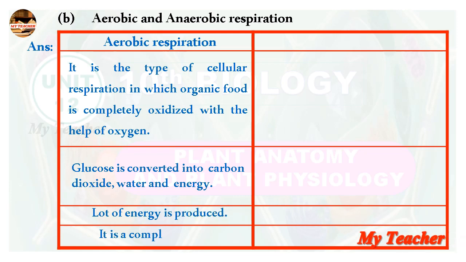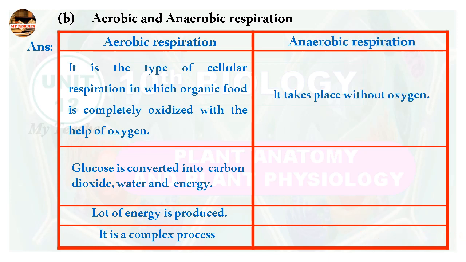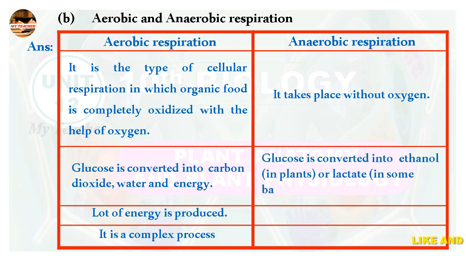It is a complex process. Anaerobic respiration takes place without oxygen. Glucose is converted to ethanol in plants or lactate in some bacteria. Less energy is produced. It is a simple process.